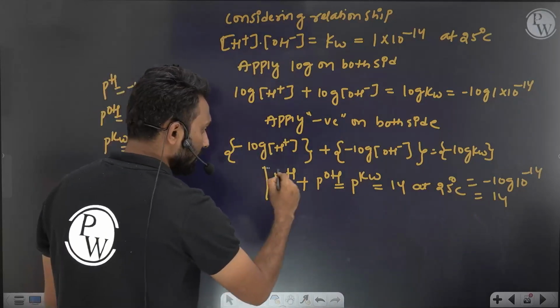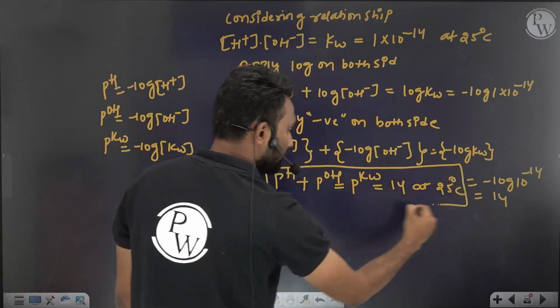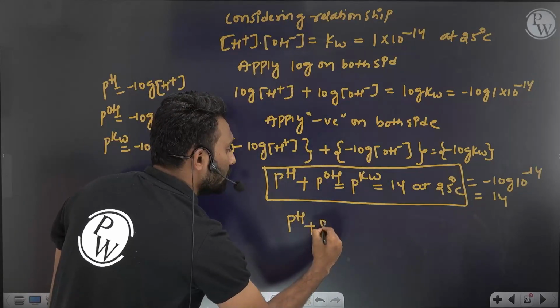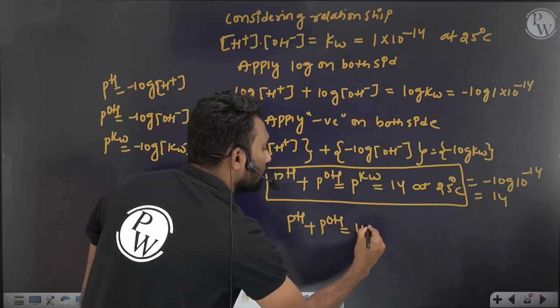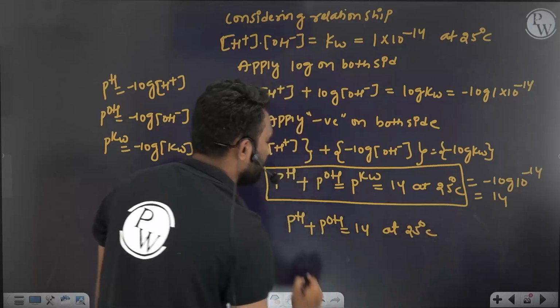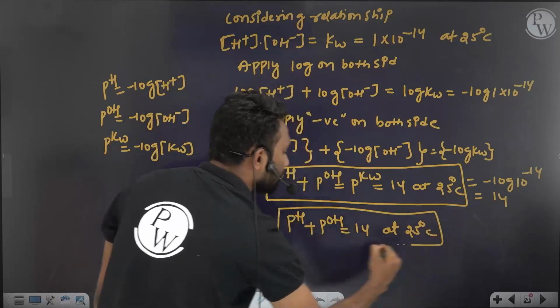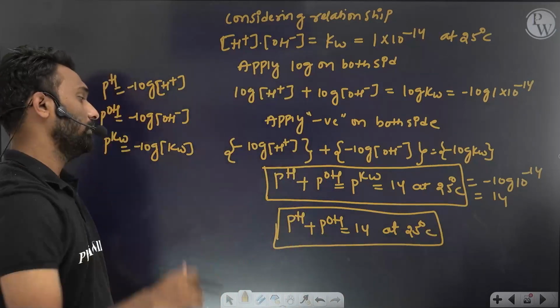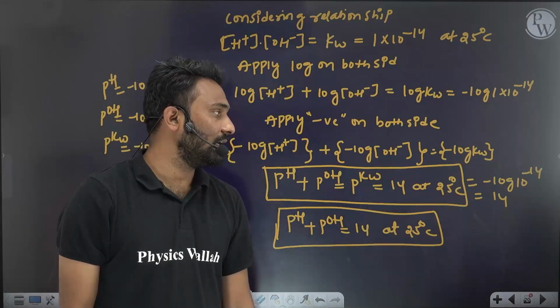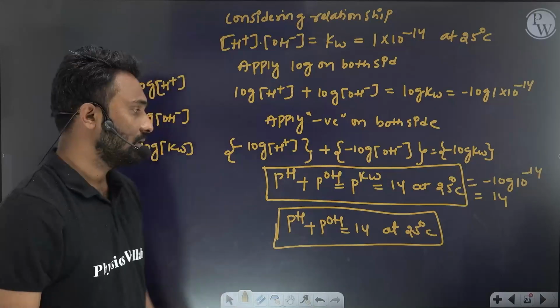Now this is a very, very important formula. You can also write it this way: pH plus pOH is equal to 14 at 25 degree centigrade.